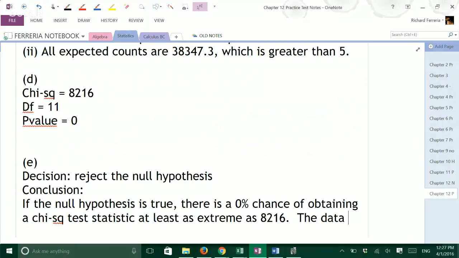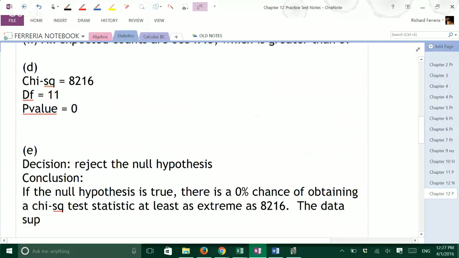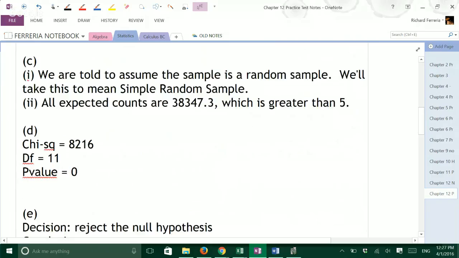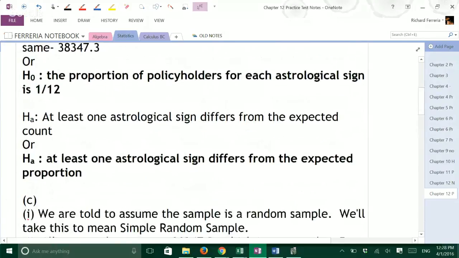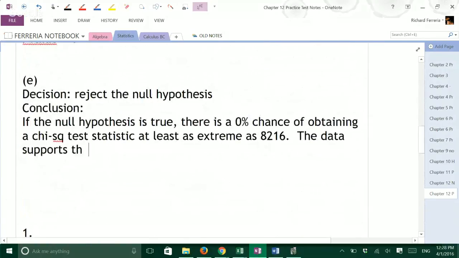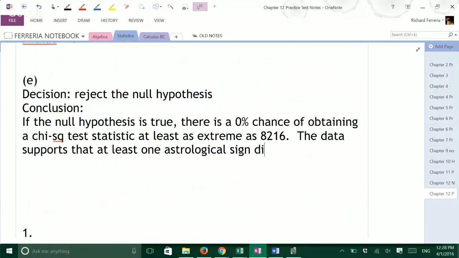The data supports our hypothesis that at least one astrological sign differs in its proportion from 1/12.